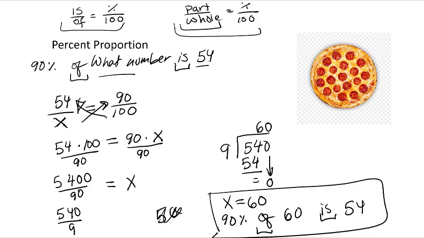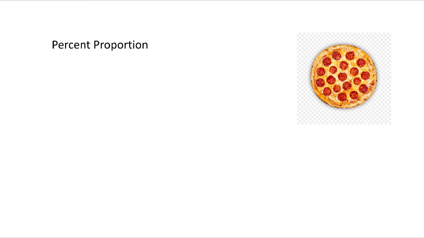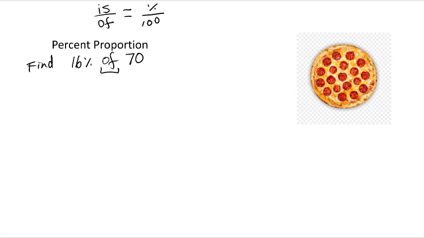So let's look at another problem that has a slightly different wording. Here we have: find 16% of 70. So we have of here, so we know we're looking at the wording of is, the ratio of is to of equals percentage in number divided by 100. So we have of is 70. We have the percentage here that would go in this side of the formula.